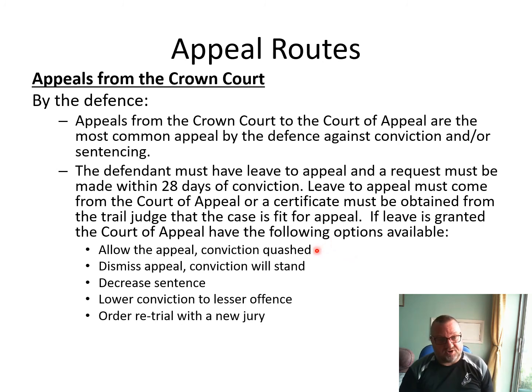The appeal is quashed, so they allow the appeal, the conviction's quashed, they dismiss the appeal, the conviction stands, they decrease the sentence, they lower the conviction to a lesser offence, so you could be moved from grievous bodily harm to actual bodily harm, move the sentences around, or they could order a complete retrial. Okay.